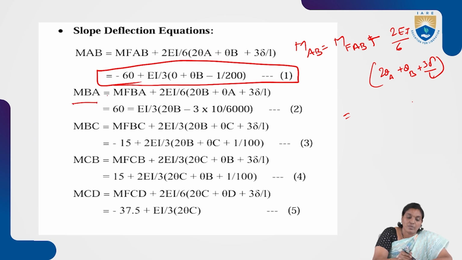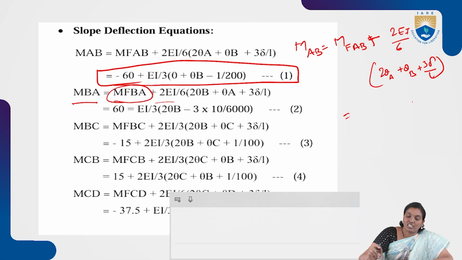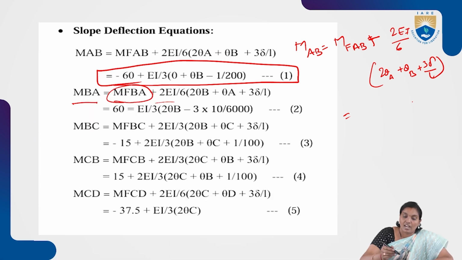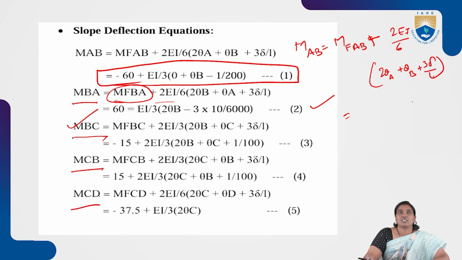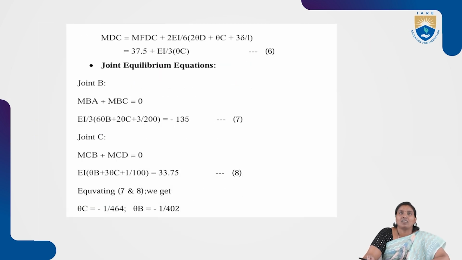Similarly, for MBA, the fixed end moment plus the slope deflection terms gives the equation. In the same pattern we get the equations for MBC, MCB and MCD. The next step in slope deflection is the joint equilibrium equations.